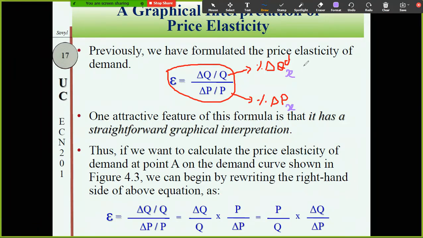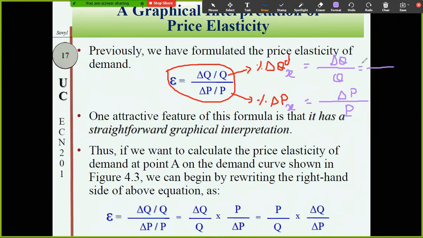So again, how to find percentage change? That means the change of quantity demanded divided by quantity demanded. The percentage change of price is the change in price divided by the price. What does it mean?